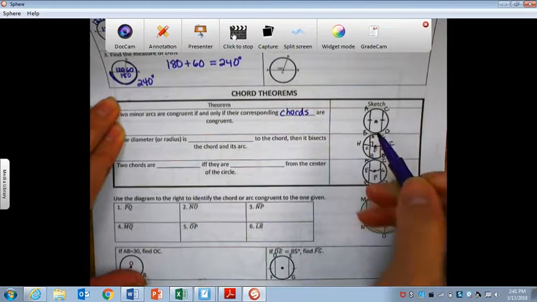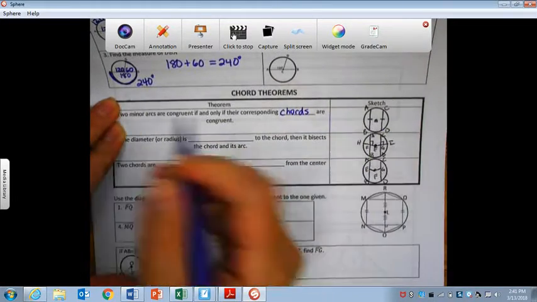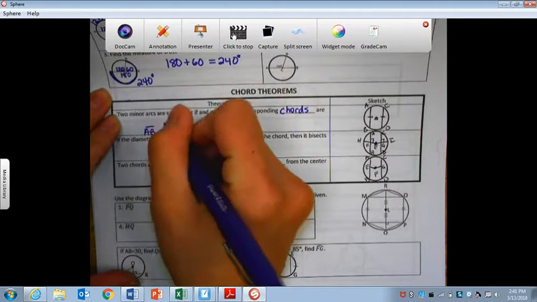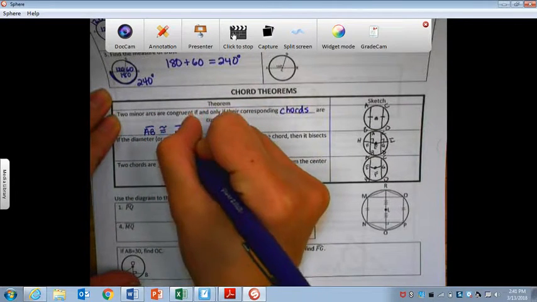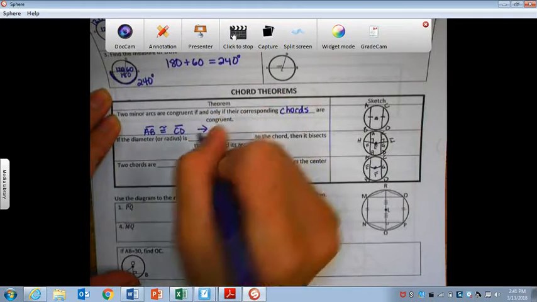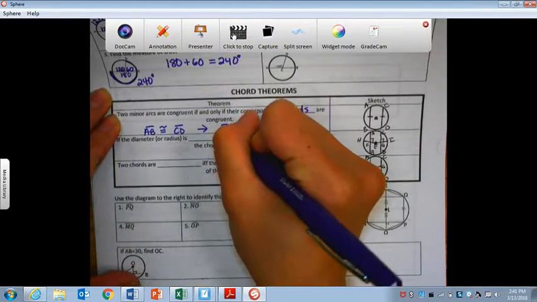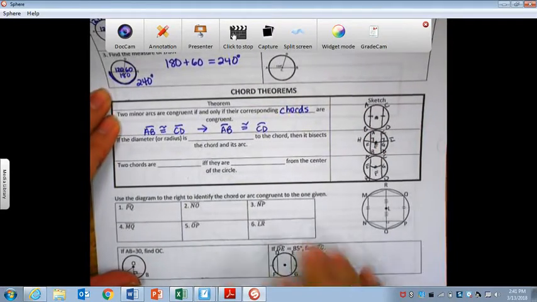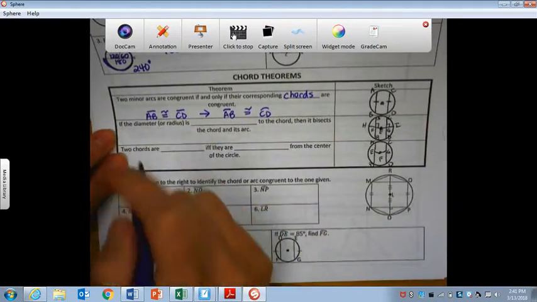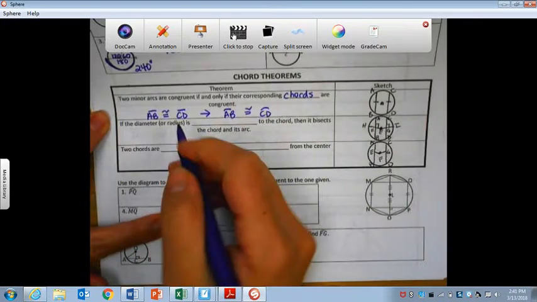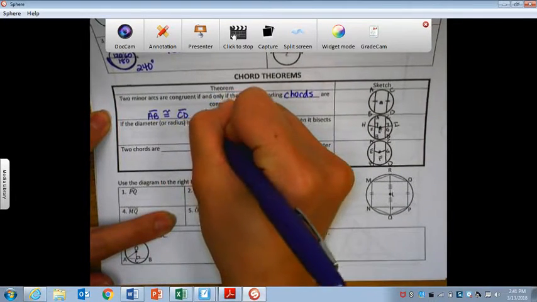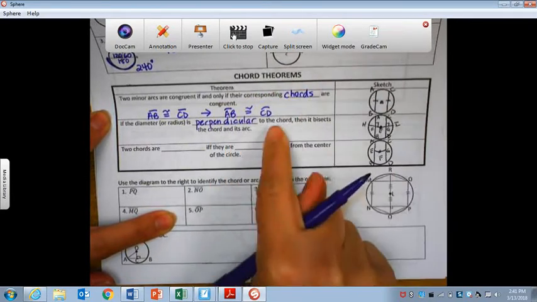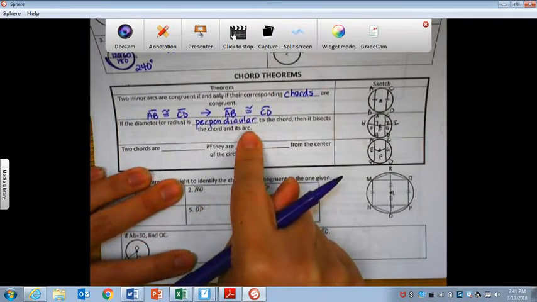So here, if chord AB is congruent to CD, then you know that arc AB is congruent to arc CD. Simple as that. The next theorem: if the diameter or radius is perpendicular to the chord, then it bisects the chord and its arc.